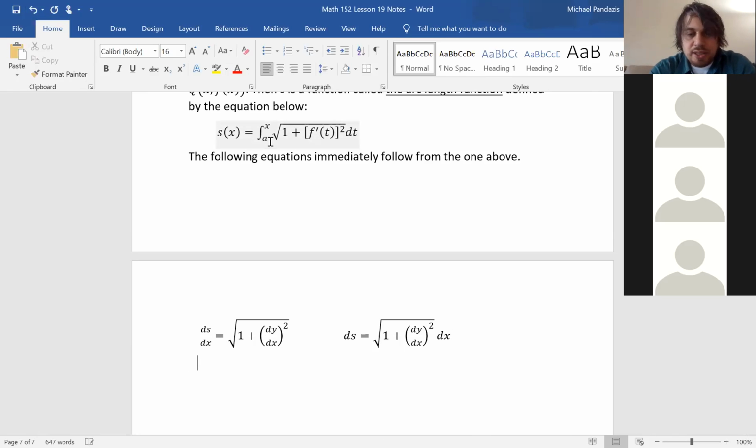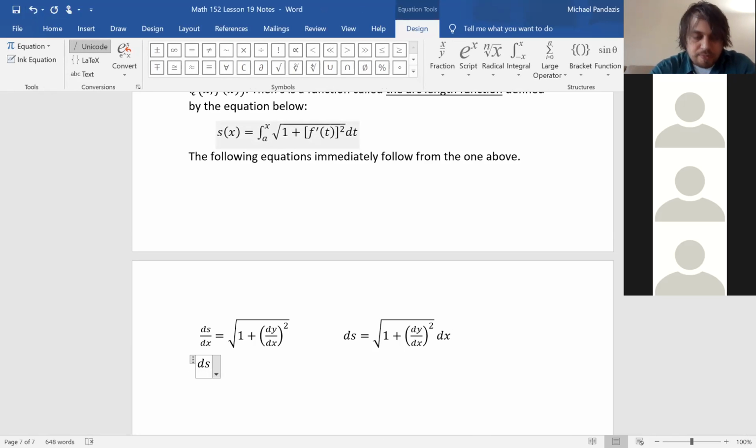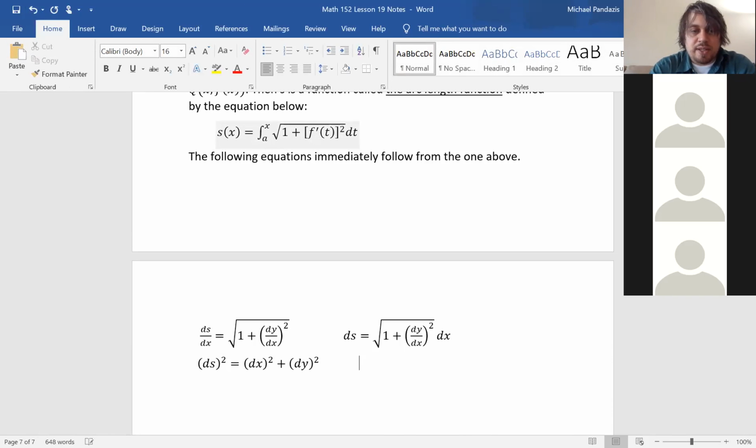And also another one: ds squared, put this in parentheses, you're squaring the ds. ds squared is equal to dx squared plus dy squared. So that's from the Pythagorean Theorem.